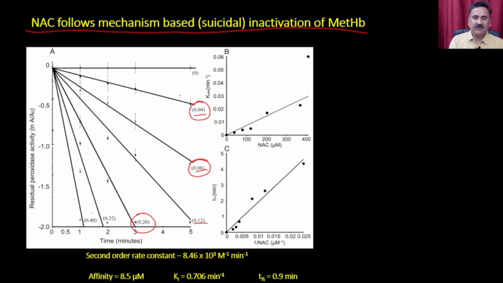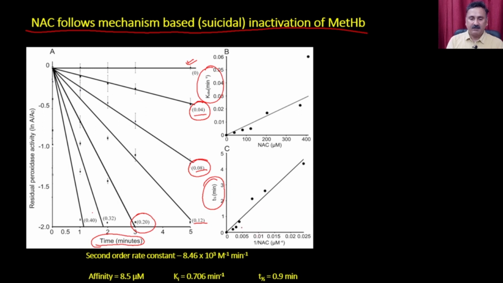You see that the enzyme is fully active, 100% active, and then it shows a reduction. These are the times in minutes, and you can calculate the k-obs and the t-inact. So what is the minimum time required to inactivate the enzyme?